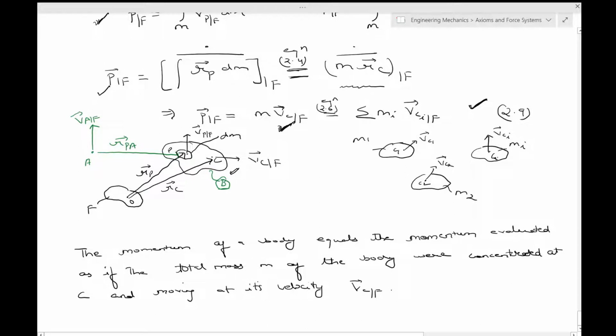The total momentum of a body equals the momentum as if the total mass m of the body were concentrated at C moving at its velocity. So that's the meaning of this particular statement.